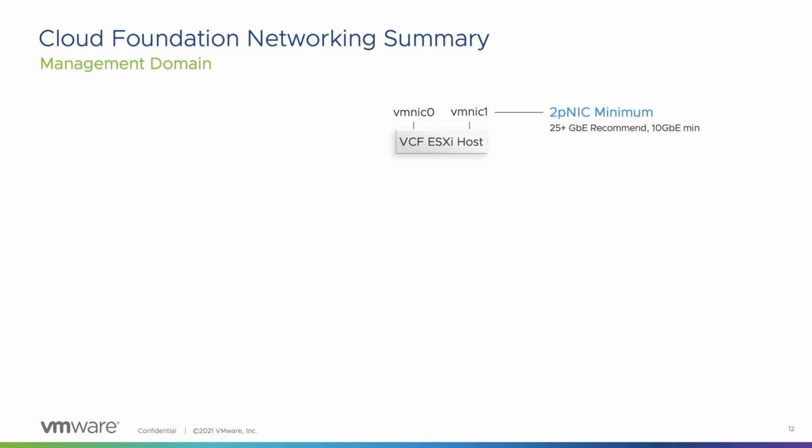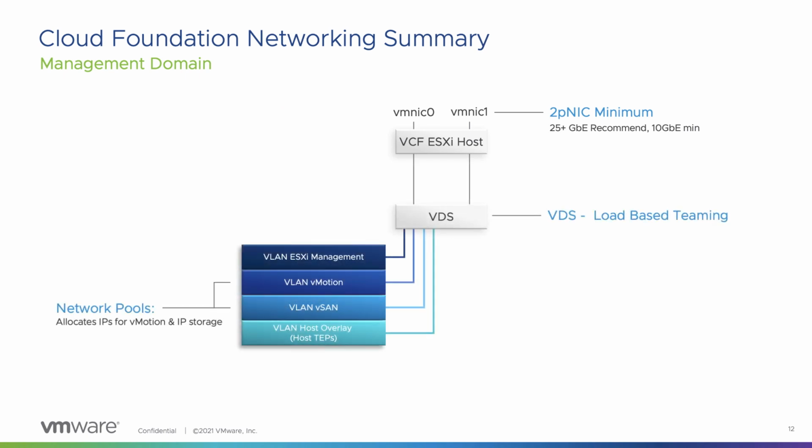This might help give you a clearer view of VCF networking concepts. Cloud Foundation requires a minimum of 4 ESXi hosts, each with a minimum of 2 pNICs. 10 gig minimum, 25 gig or greater is recommended. As part of Cloud Foundation bring-up, a virtual distributed switch is deployed with load-based teaming to optimize network traffic flow.